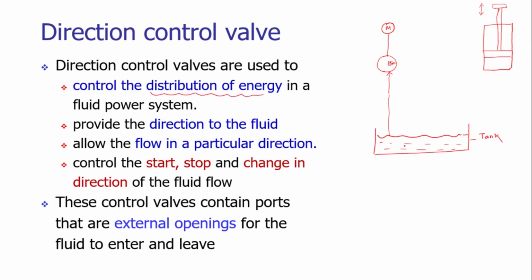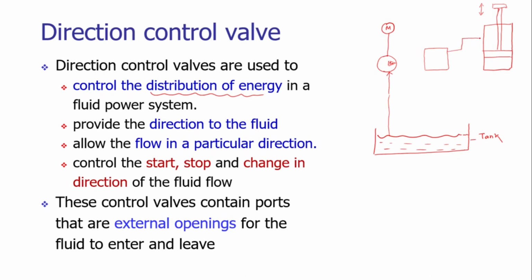We are getting the pump fluid, but that fluid has to be distributed inside the system. So distribution of the energy will be carried out by using a unit. We need a mechanical unit, or it may be an electromechanical unit as well. So that unit should distribute the energy.